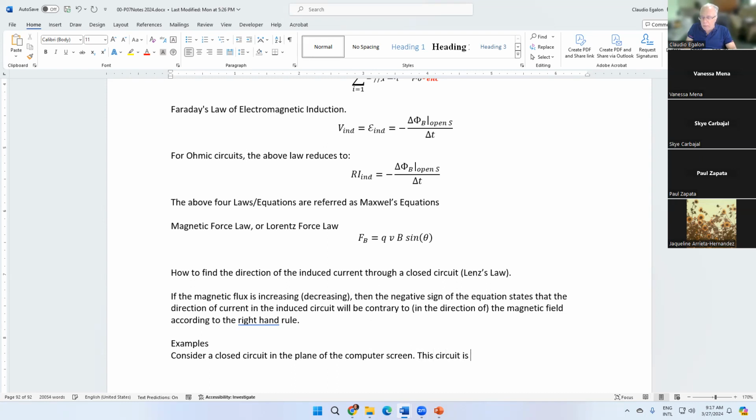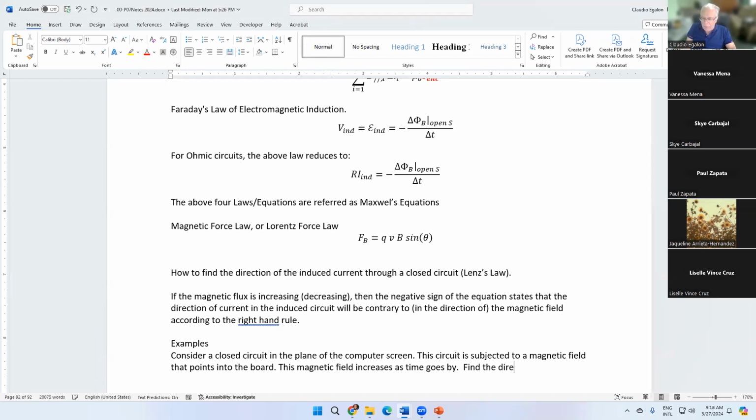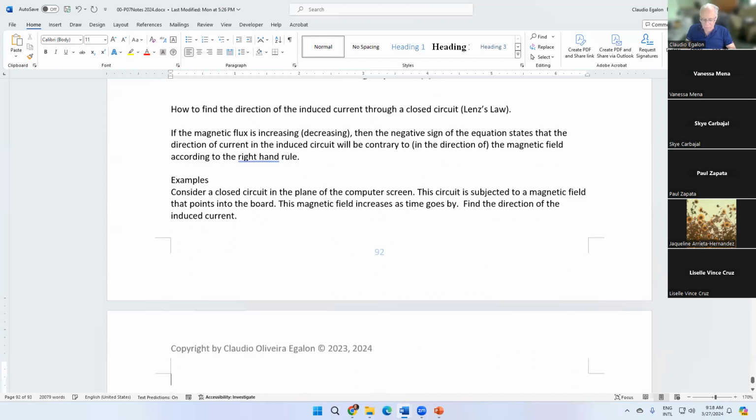The circuit is subjected to a magnetic field that points into the board. This magnetic field increases as time goes by. Find the direction of the induced current. Solution.